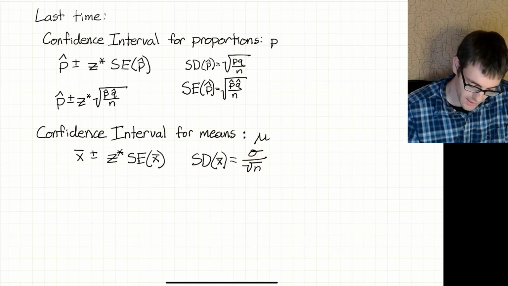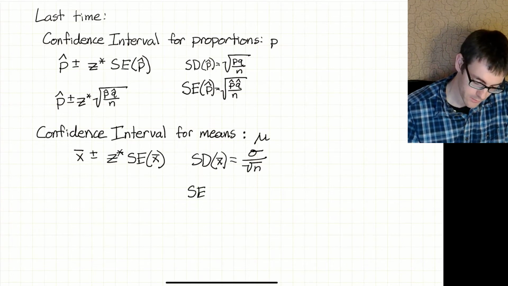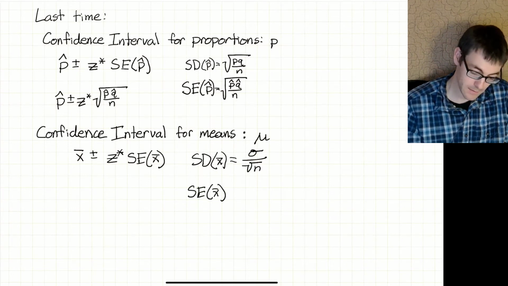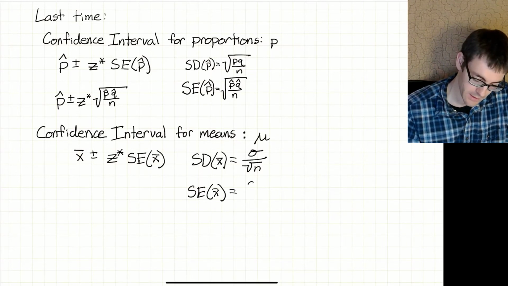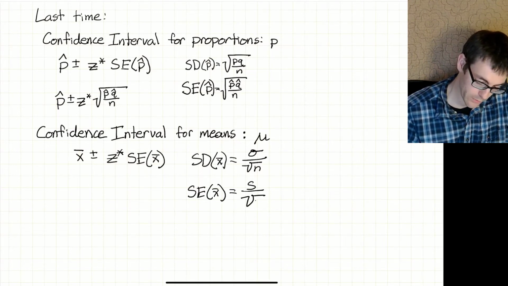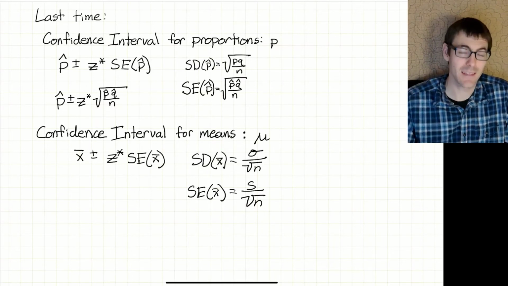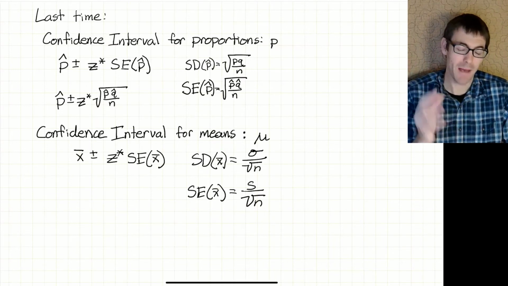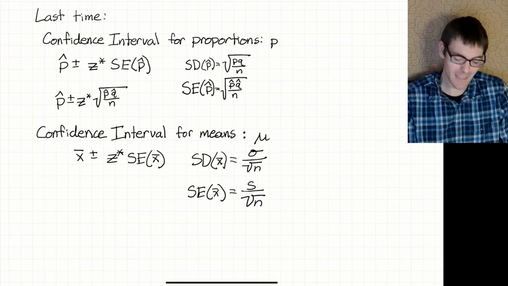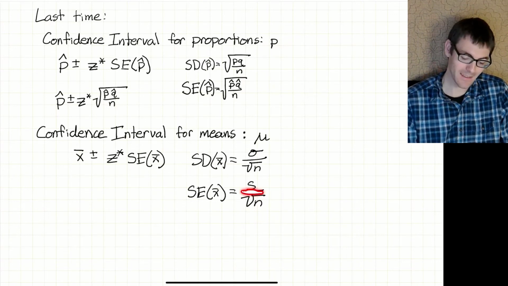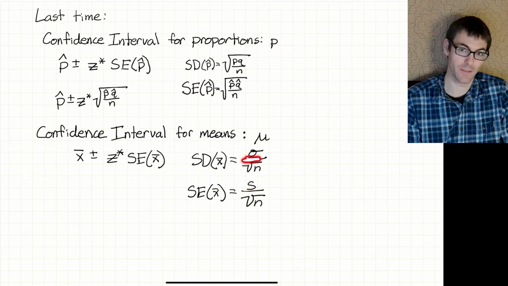So while we do say that the standard error, or our best guess for what this standard deviation should be, is s over square root of n, if we just left things as is, we're actually going to be systematically estimating things incorrectly. And this stems from the fact that s isn't a great approximation of sigma.